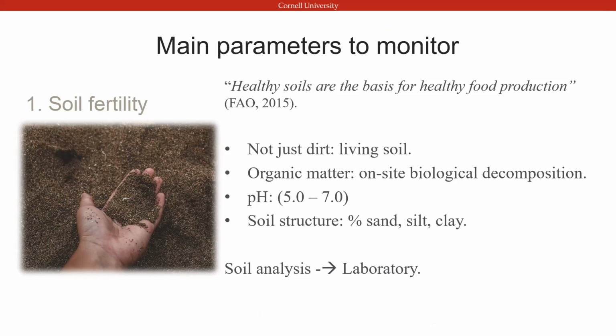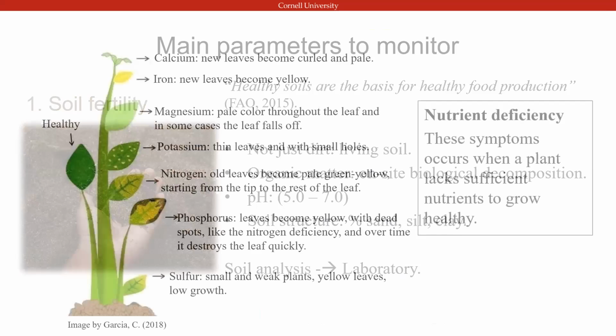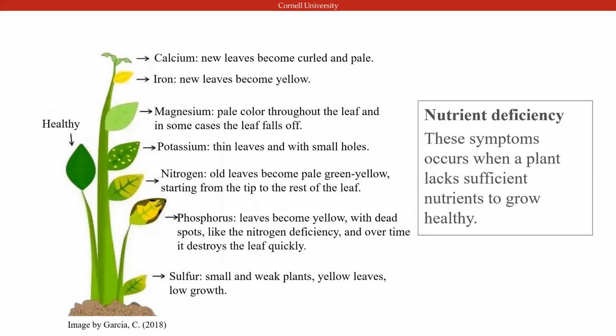But even before doing this and taking these parameters to the laboratory, the plants can talk to us. And I say talk because there are signs, some symptoms that something is happening with the soil.